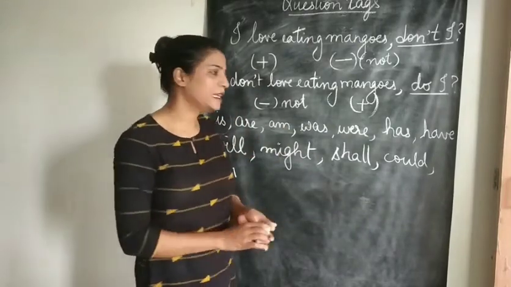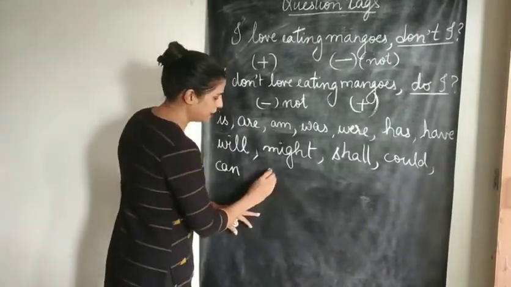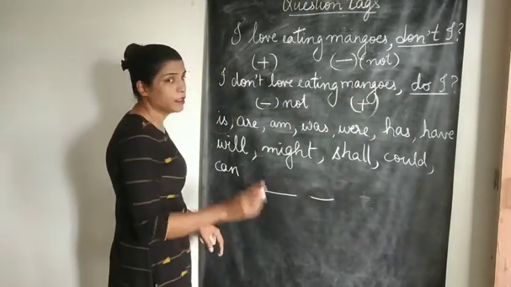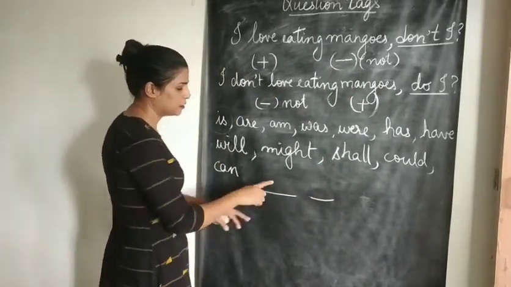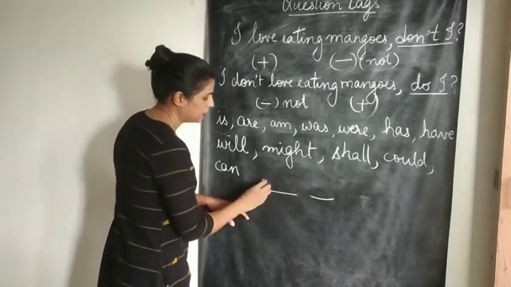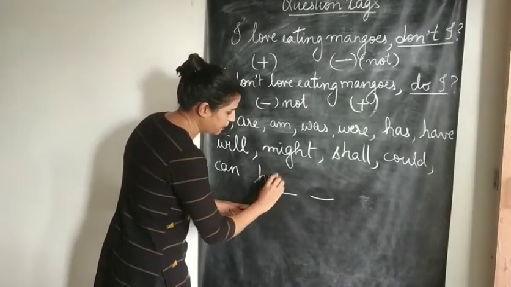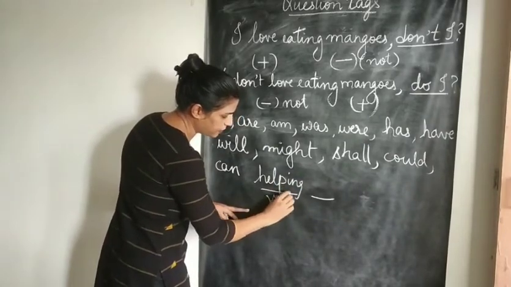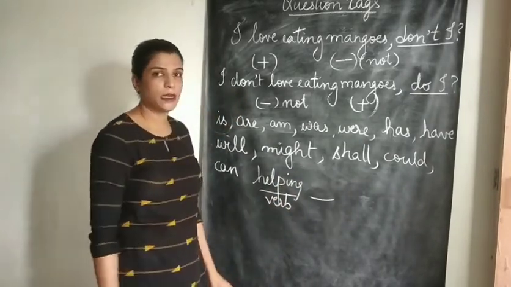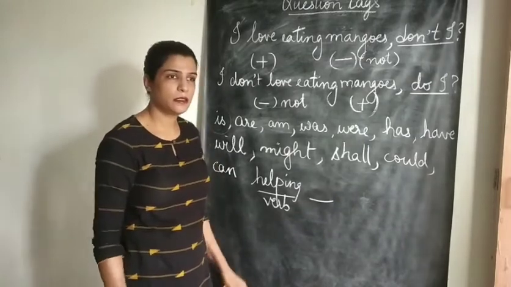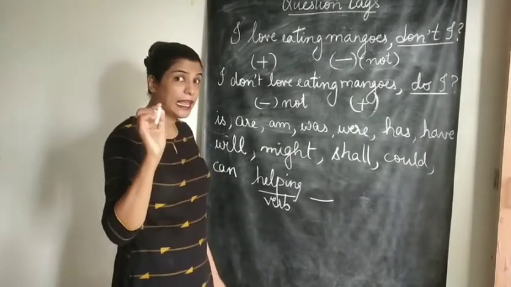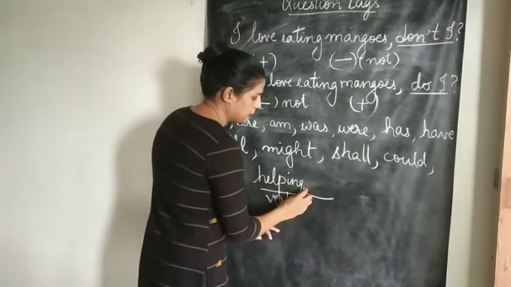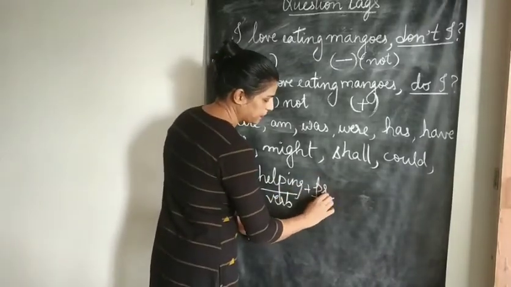And what are the deciding factors? The question tag would consist of the helping verb that will be there in the first part of the statement, plus the pronoun.